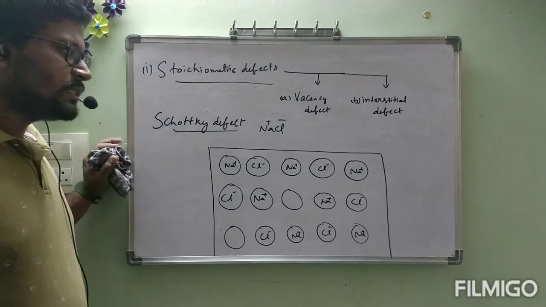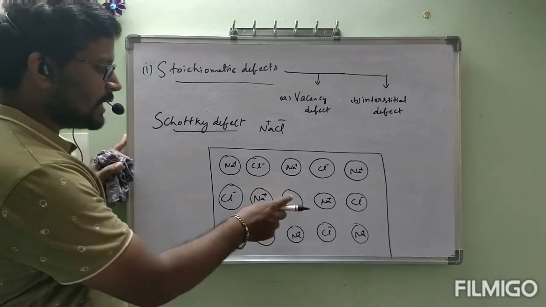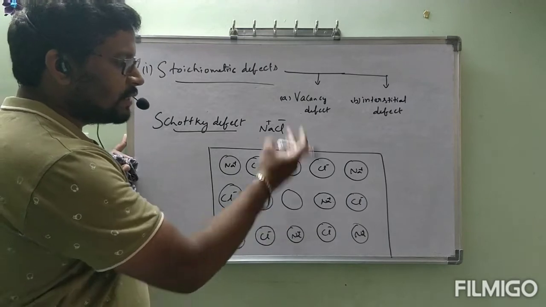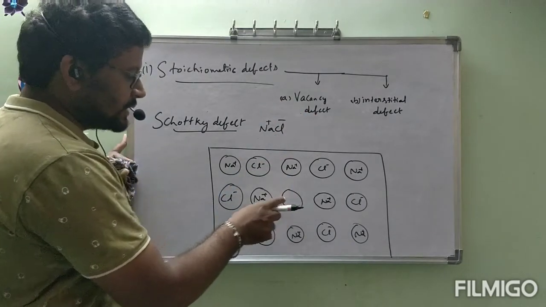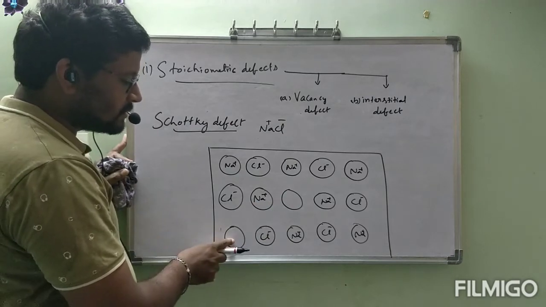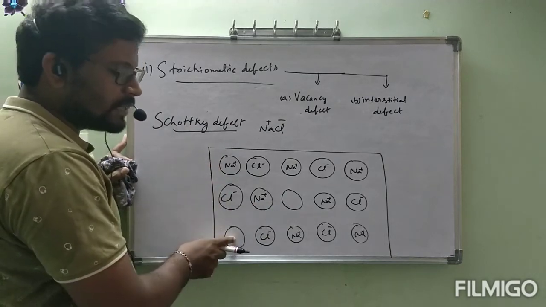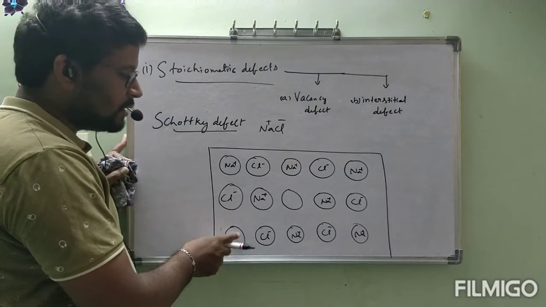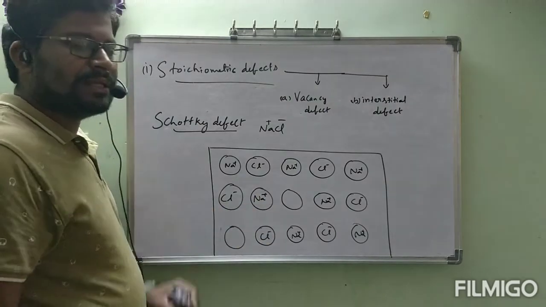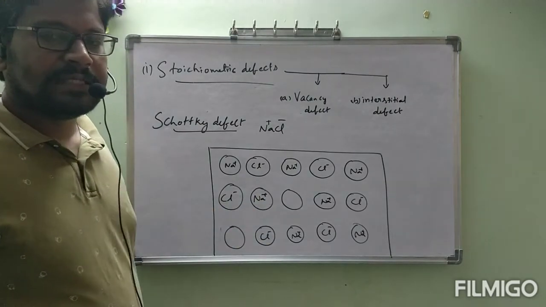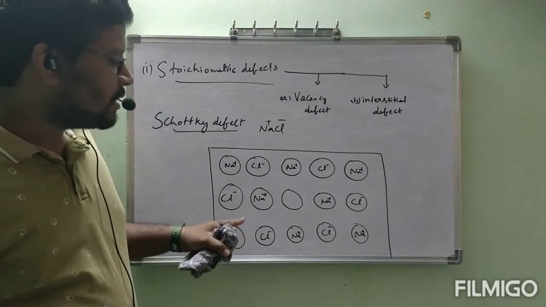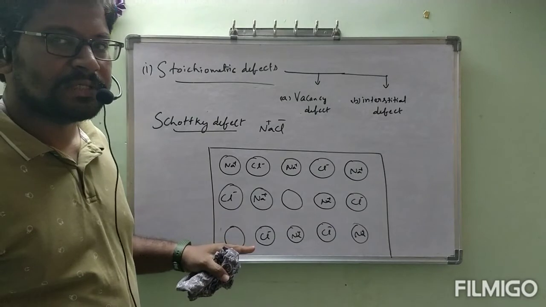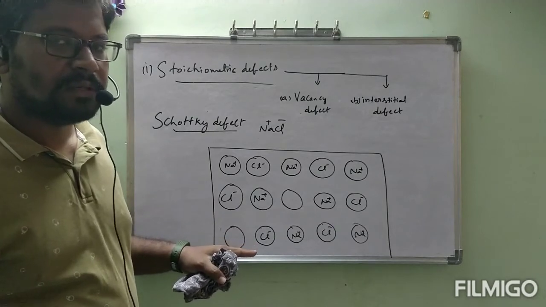Okay, in some positions the Cl minus is left out, creating a vacancy. Next, in some positions Na plus is going out, creating a vacancy. Here Na plus is a big cation, and that big cation cannot occupy these interstitial positions. Like that you can remember.